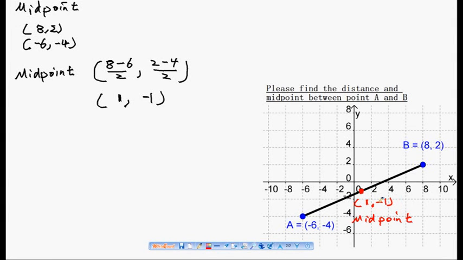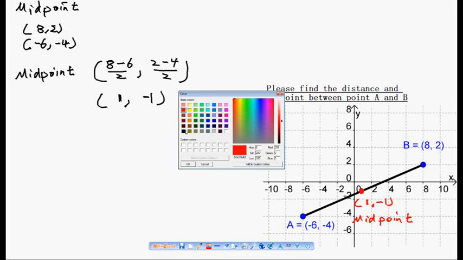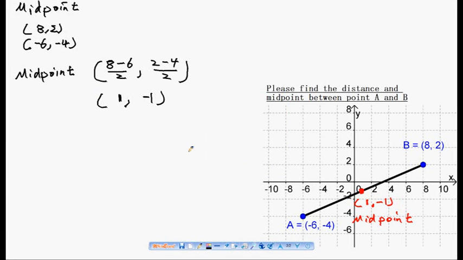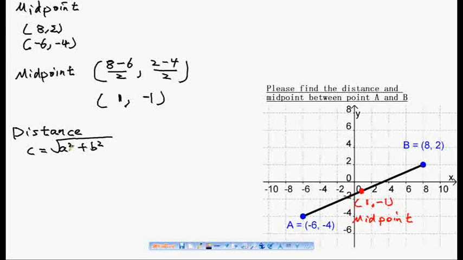Now we try to find the distance. Distance is basically the square root of a squared plus b squared, which is Pythagoras' theorem. You will find some equations in your book that just make it complicated. That's your basic formula, the only thing you need.